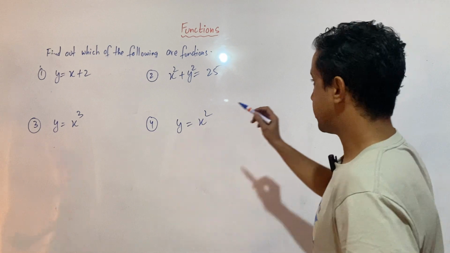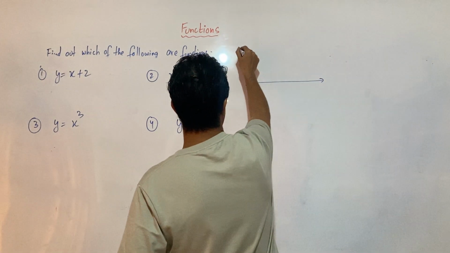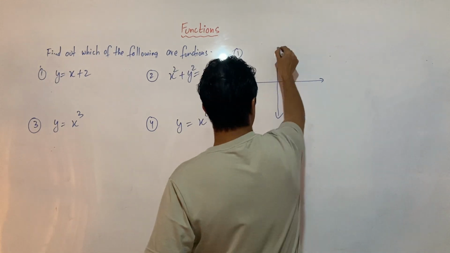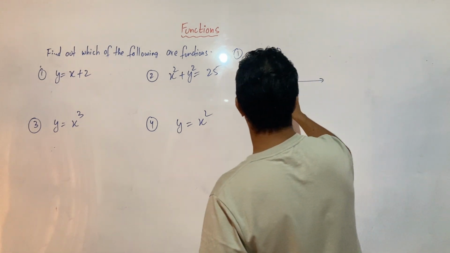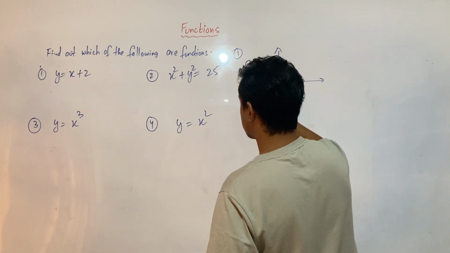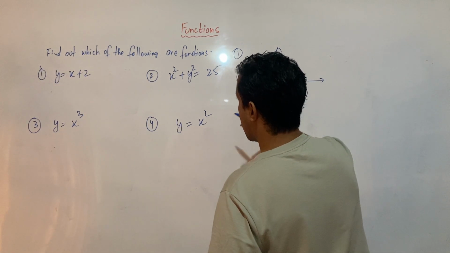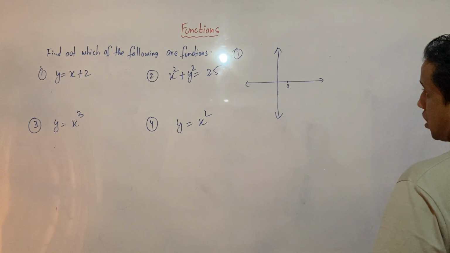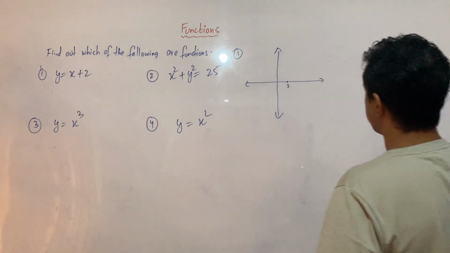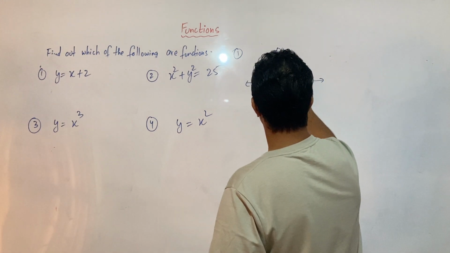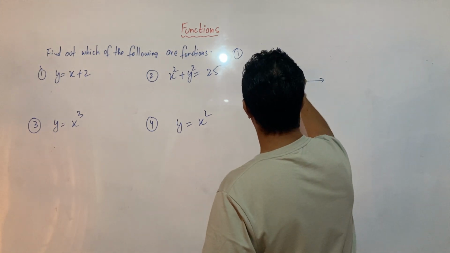Okay, for example, y equal to x plus 2, this is number 1. So y equal to x plus 2 means positive slope, x plus 2. So this is 2, so it's going to pass from here.